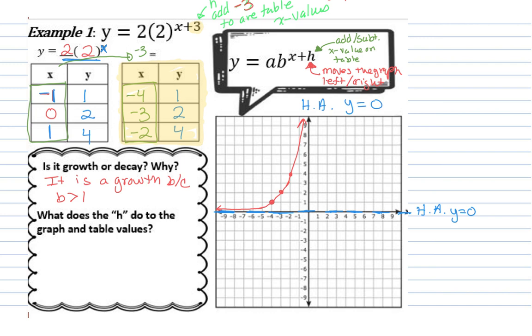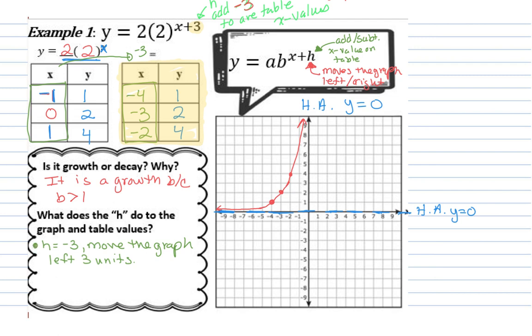Next, we have, what does the H do to the graph and the table? Well, we literally just talked about it right here. Okay, but now we're being specific. What does the H value, the one we have, do? H is equal to -3, because remember, it's going to be the opposite. It moves the graph left 3 units. And it moves it left 3 units because it's negative.